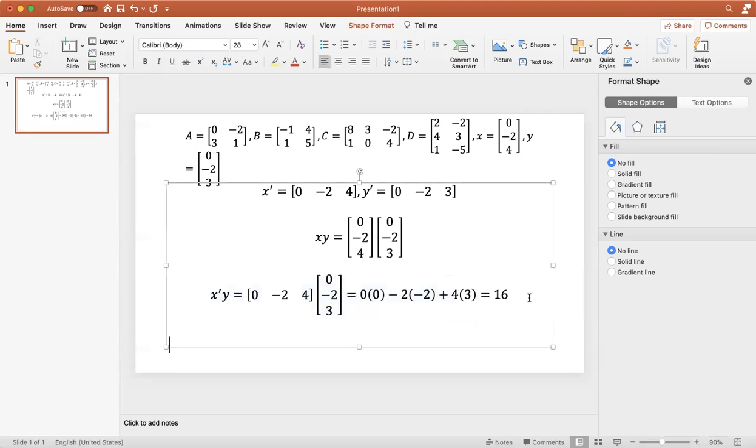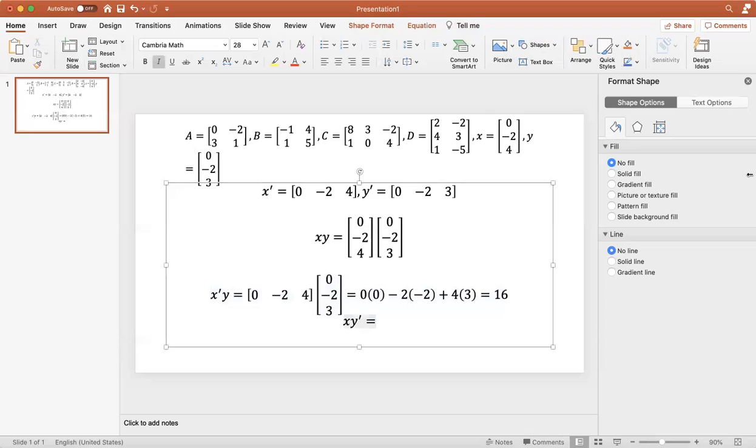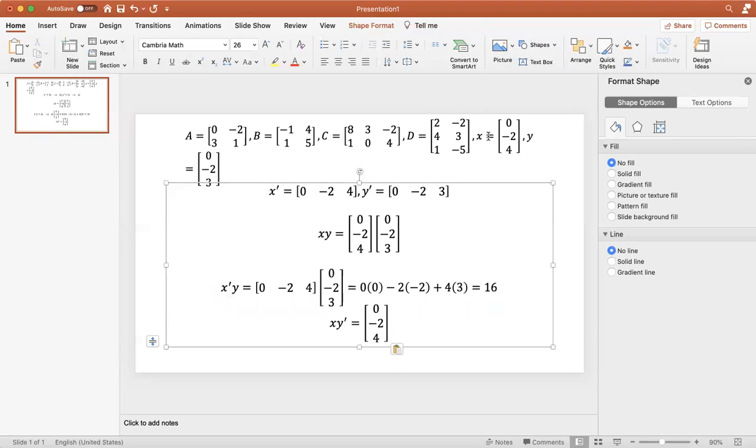Now, you can also do the same for x, y transpose. The x vector is a column vector as defined, and then we multiply it with a row vector. Notice here that you can still multiply this.